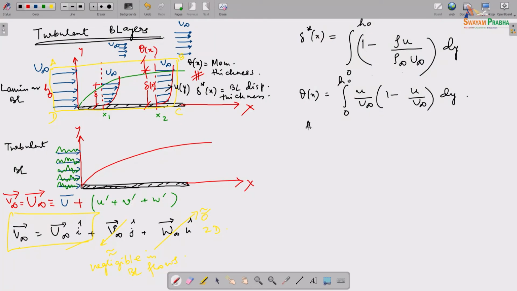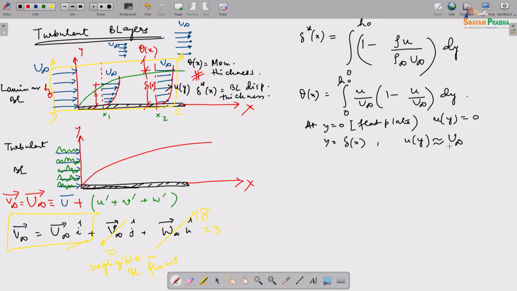At y equal to 0, which is the flat plate, u is 0. Now, at y equal to delta, u reaches the free stream, u infinity.